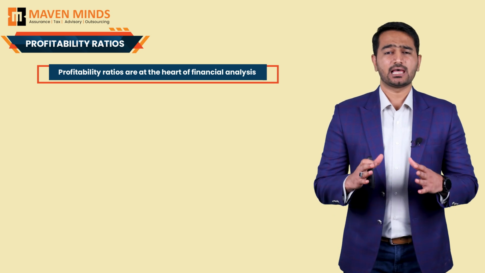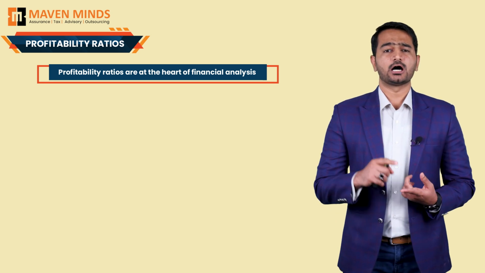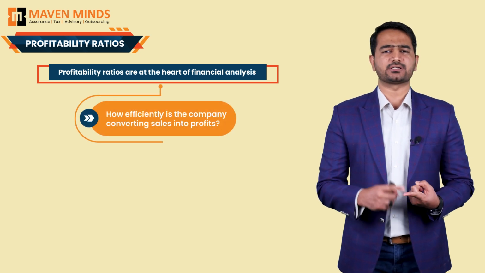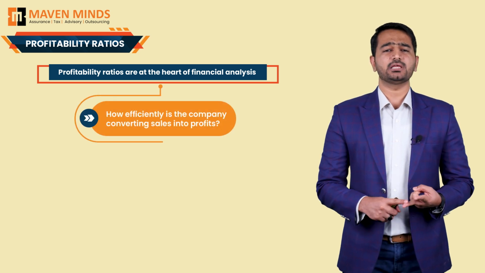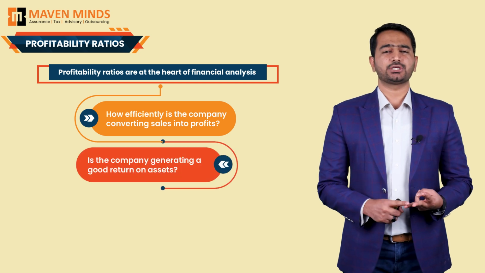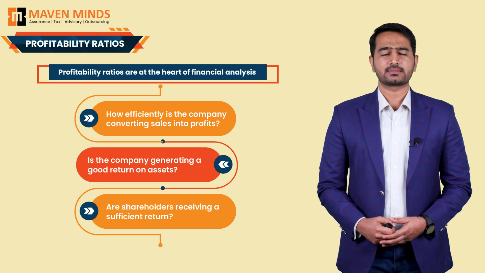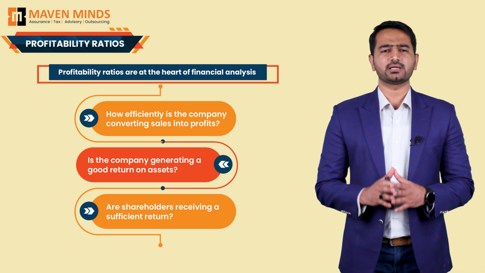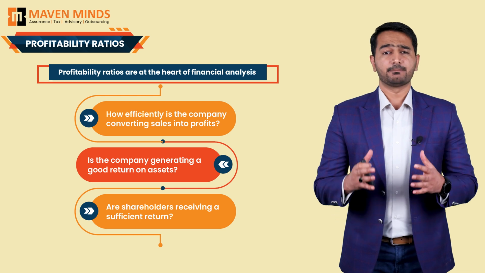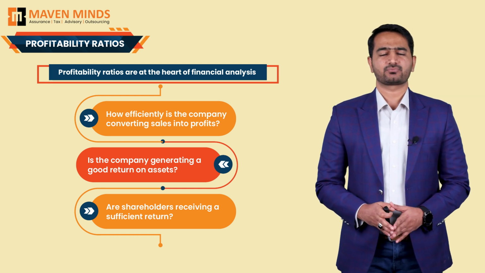They help answer key financial questions such as how efficiently is a company converting its sales into profits? Is the company generating a good return on its assets? Are shareholders receiving sufficient returns on their investments? These questions are critical for both investors and the management because profit is the reason businesses exist.